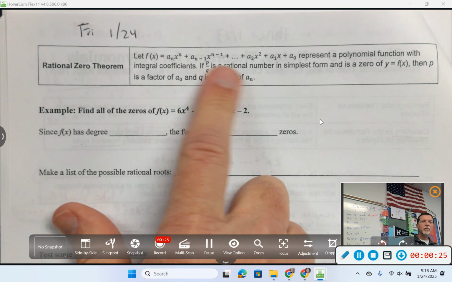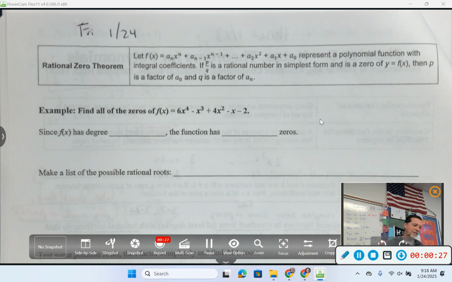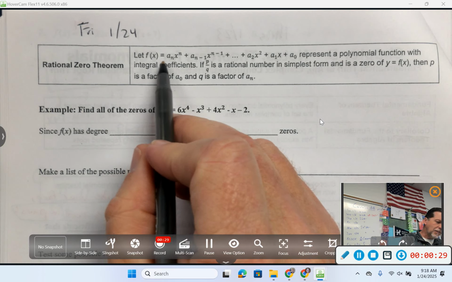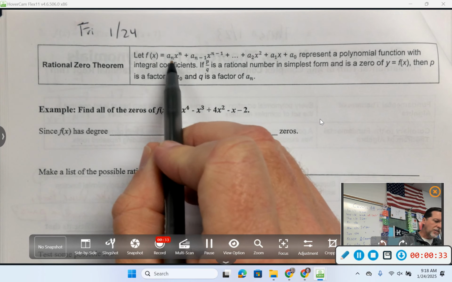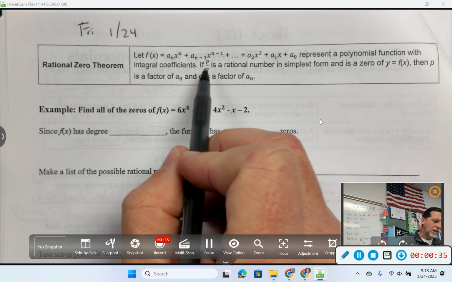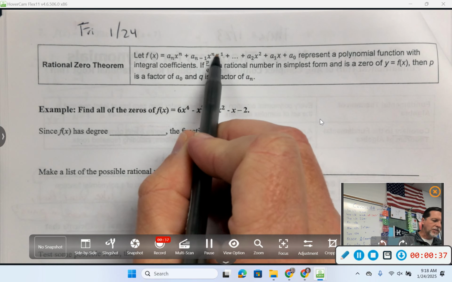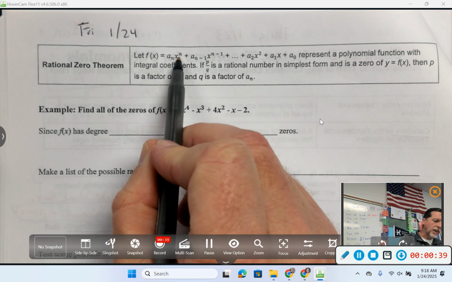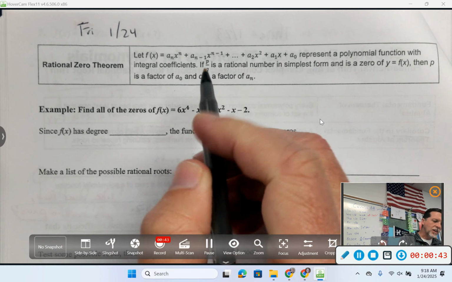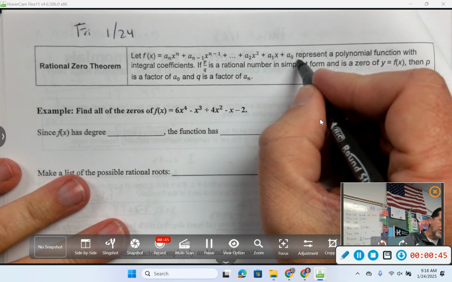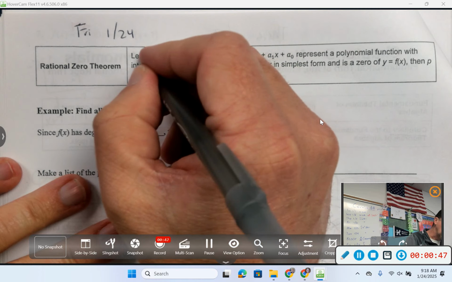So let's see if we can read through this and make sense of what that's saying. Let f of x be, and then look at all these letters and numbers, a sub n, x to the n. A sub n minus 1, x to the n minus 1. Okay, so the x's are going down in power, and there's a bunch of x's. So that looks like a polynomial. In fact, it says represent a polynomial.